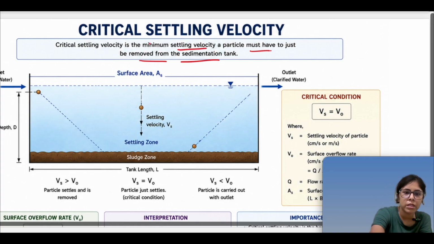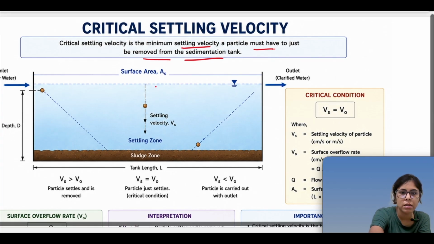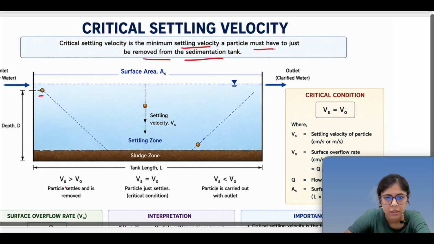For example, see here, this is the surface area and this is the inlet. Let's see from here the particle is going. If the settling velocity is greater than V naught, that means the surface overflow rate, because water is also flowing. The surface overflow rate is nothing but the velocity of water that's flowing. So if the particle velocity is greater than the velocity of water, it will settle and get removed.